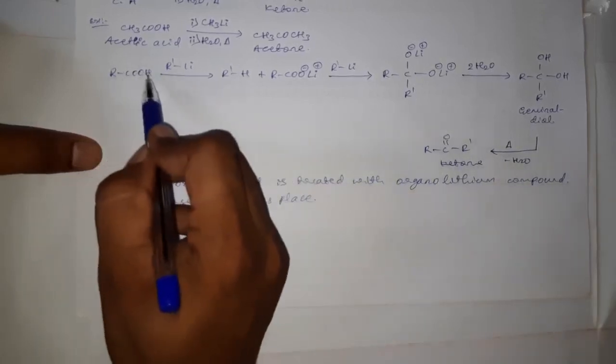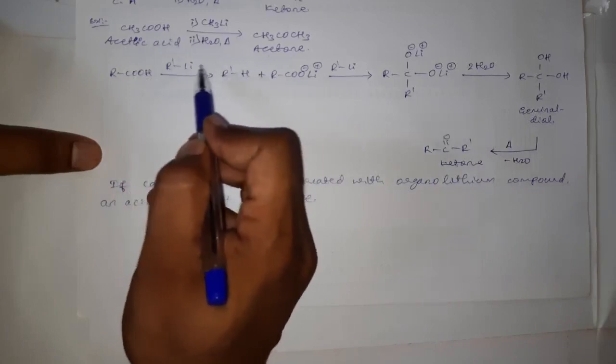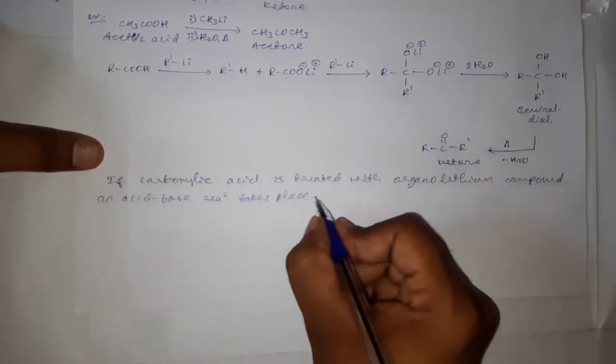See, this acid is giving a proton, and this alkyl part of the organolithium compound is taking the proton. Therefore, it is acting as a base, and the carboxylic acid is acting as an acid.